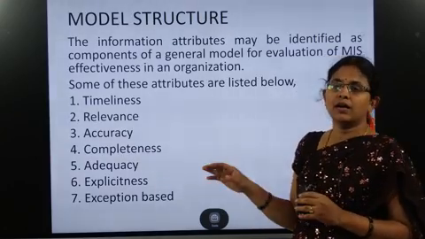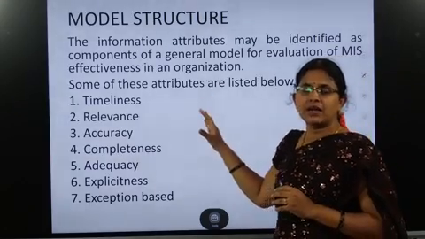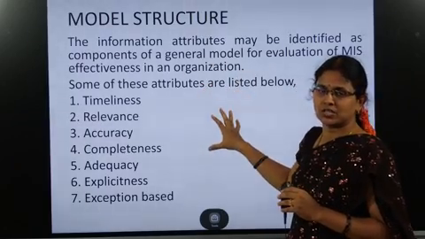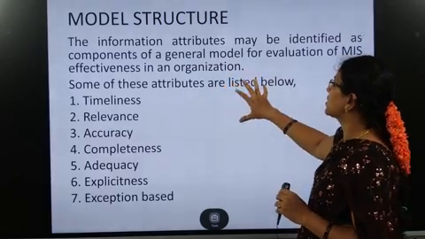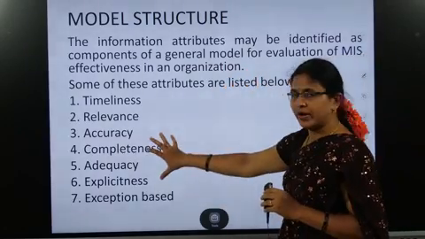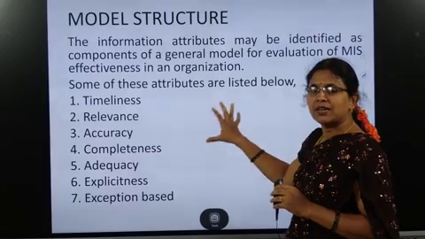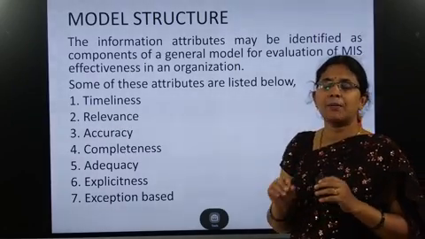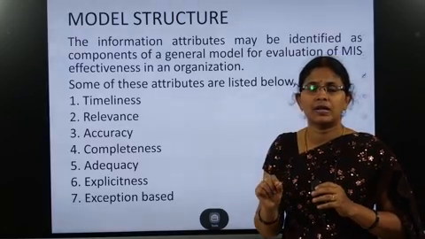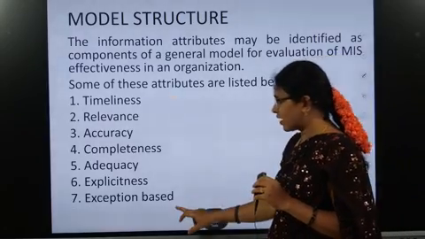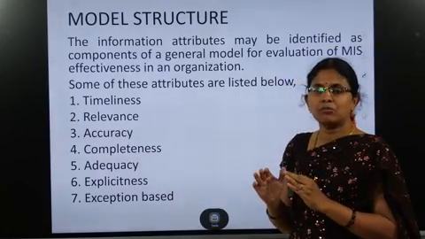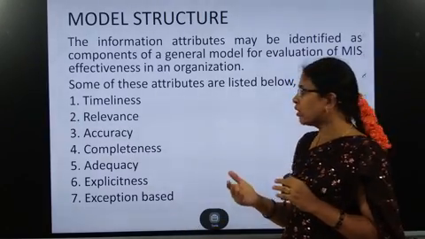Here, product based MIS evaluation is determined by using a model structure. In this model structure, we take a few components to explain product based evaluation. We can say a product is evaluated properly when all these factors are fulfilled. Timeliness, it means from time to time the production is going or not.